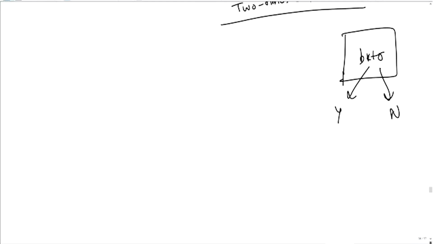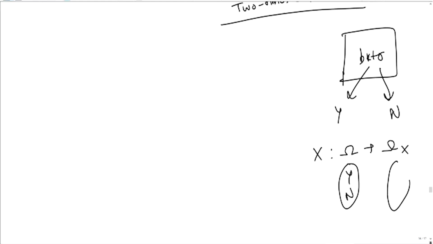Yes or no, right? These are categorical. So in the same way, you can apply random variables here. You can define a random variable x which maps your sample space to another space omega x. What is omega? Y or n. You can define the mapping in such a way that if the response is y, the value of the random variable is 1. If the response is n, then the value of the random variable is 0.